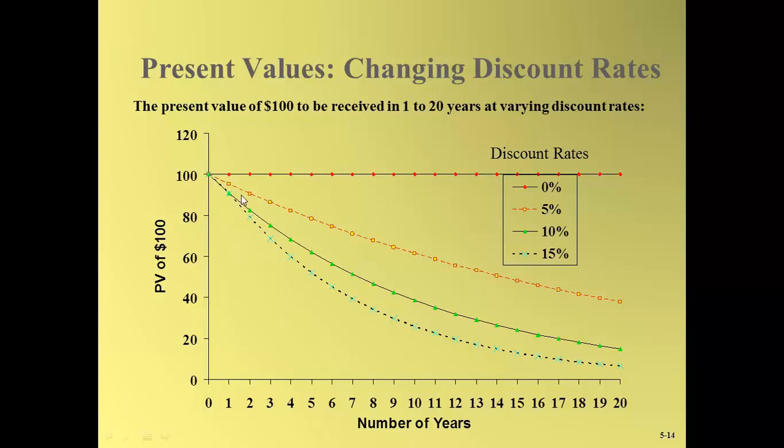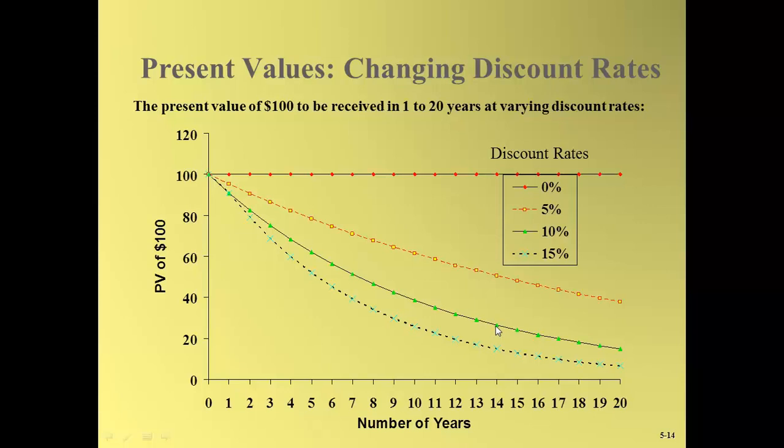Now, the present value of $100 to be needed after 1 year at 5% interest rate is slightly lower. At 10% interest rate it is slightly further lower, and at 15% interest rate it is even lower. So what it tells us is that the rate of 15% is so high that I can start with a very small amount to end up with $100 after 14 years.